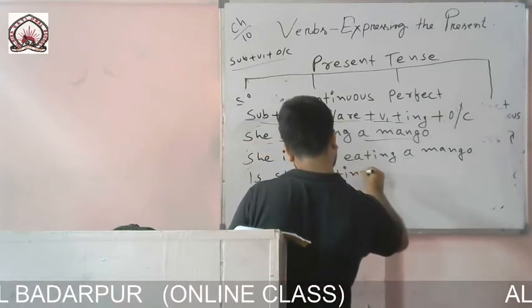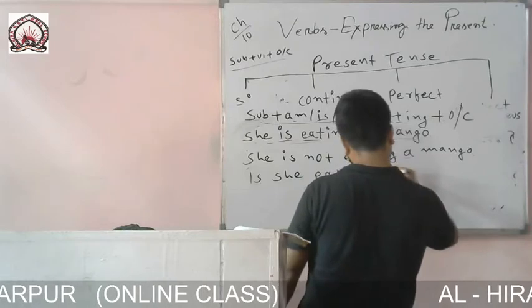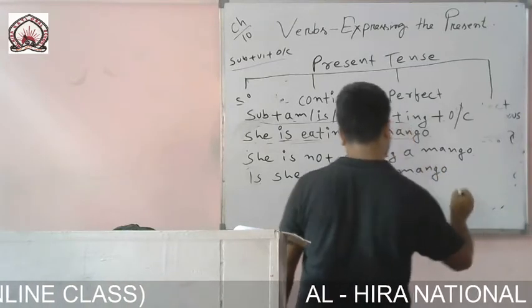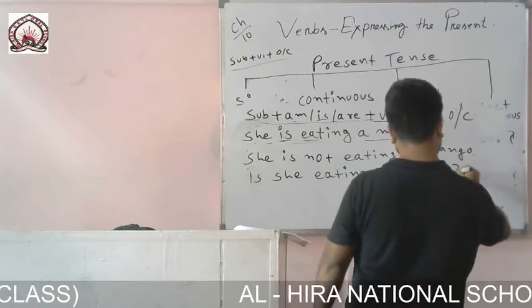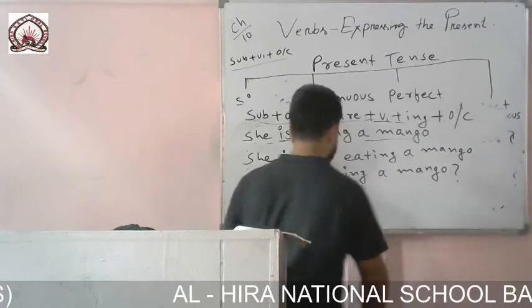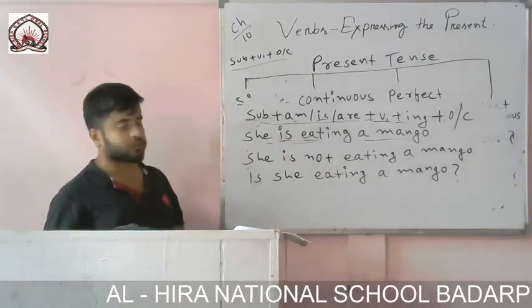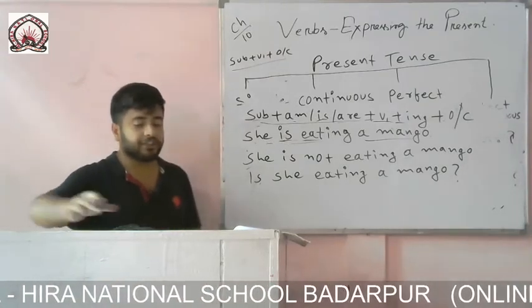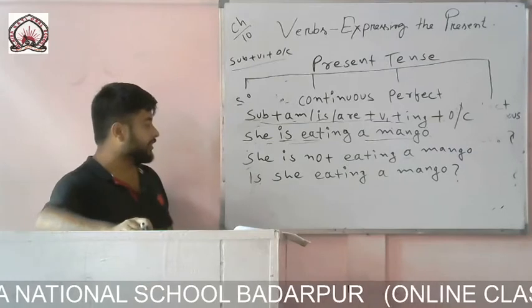E-A-T-I-N-G, eating a mango. M-A-N-G-O. Then if it is interrogative, we have to use a question mark at the end. Is she eating a mango?